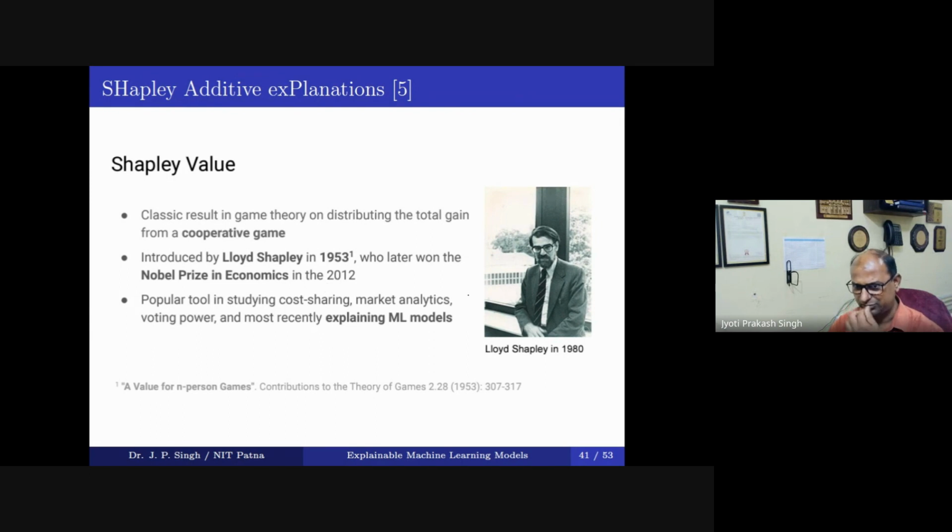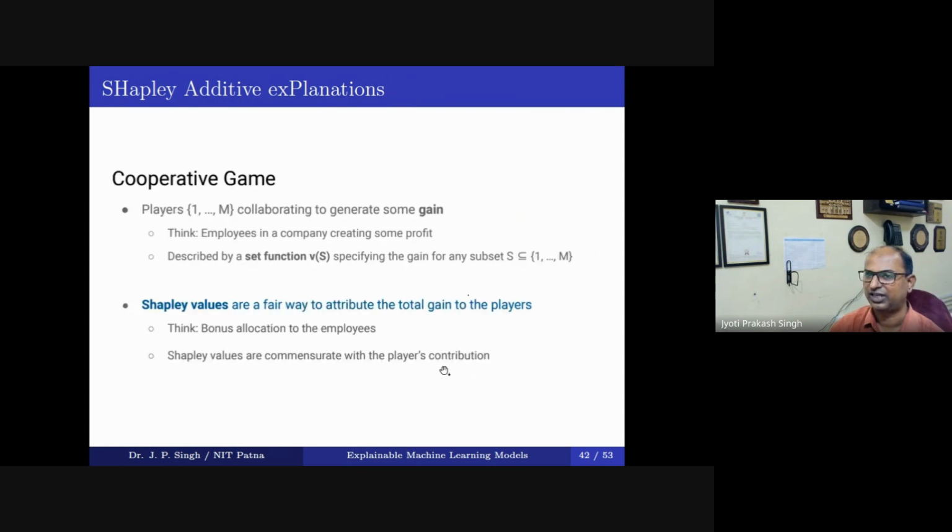This idea of the cooperative game that he applied started getting quite popular in explaining machine learning models only very recently. I think the first paper appeared in 2016 or 17 somewhere. So from 2016-17, people have started showing a lot of interest in using this Shapley interpretation, or Shapley value. Now let's see what Shapley is.